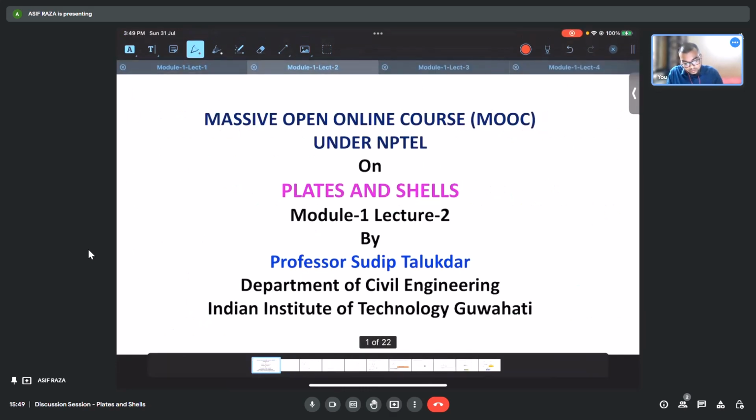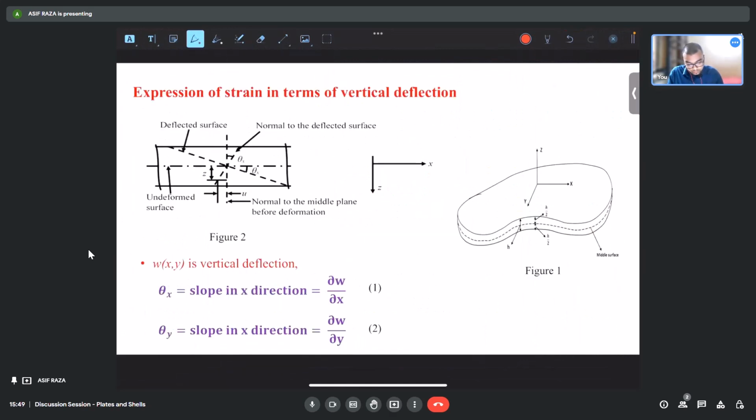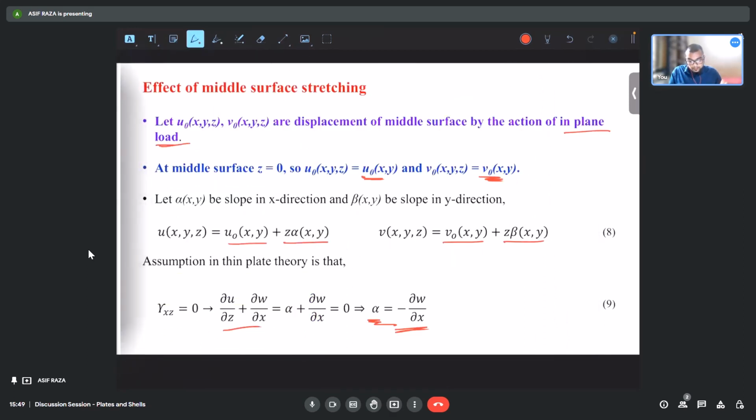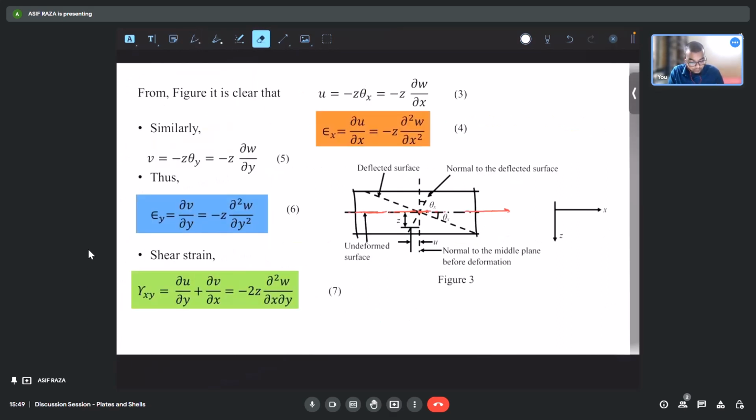Yes, question, lecture 2. Okay, so many people were asking, what is u naught? U naught is the displacement of the middle surface by the action of in-plane load. So normally when we take the case of bending, when the in-plane load action is not taken into account, the points on the neutral surface remain as they are, they do not displace.